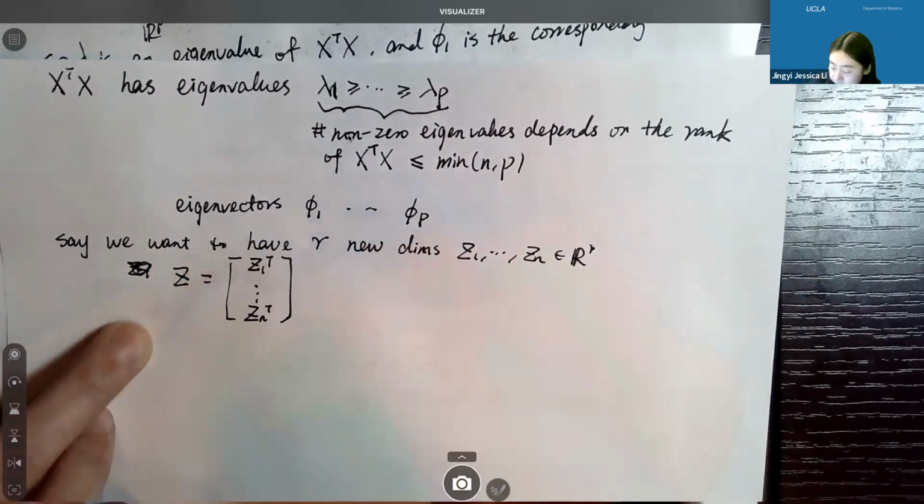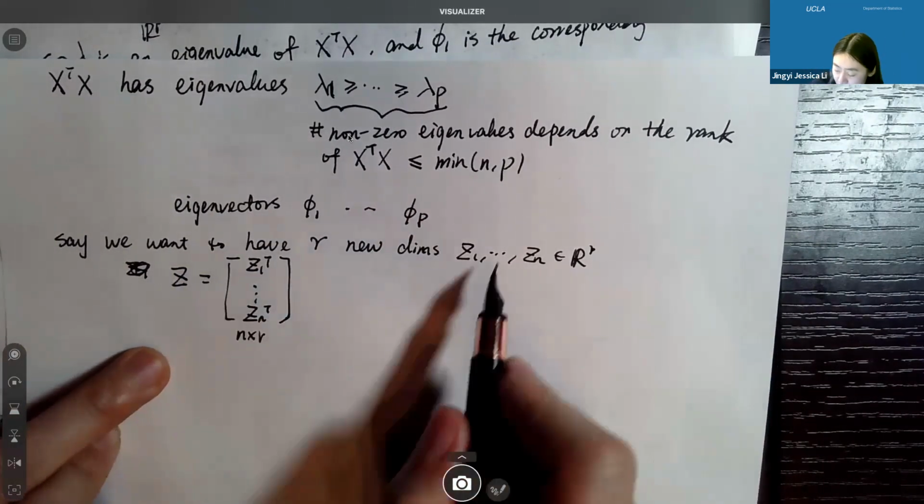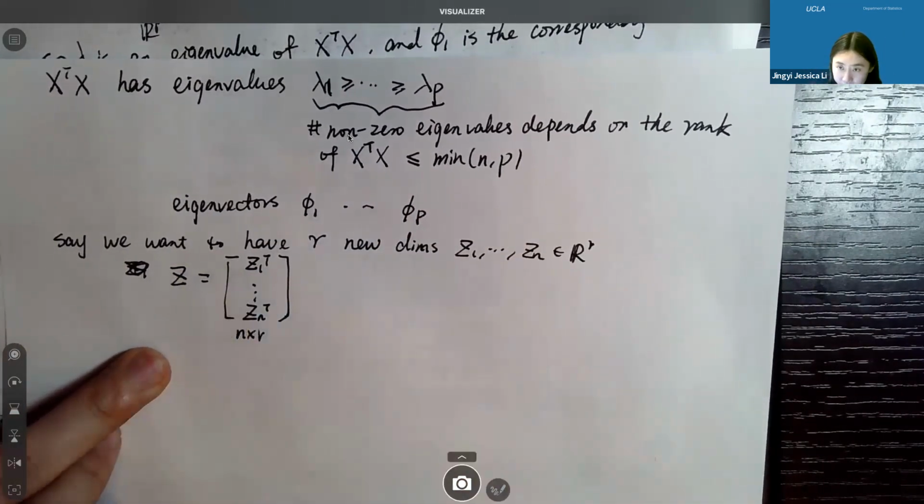So it's N by R. Each row is an observation, each column is a new dimension.